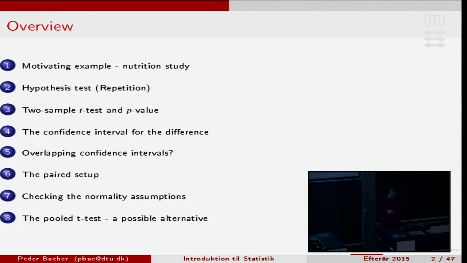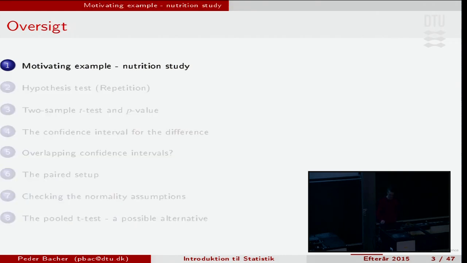We'll repeat that. Then we go into the two-sample t-test, and we'll also show you how to calculate confidence intervals, and also something called the paired setup, which is really simple once you see what it is. And then the last things, of course, like last time, you ended up with checking the normal assumption, and we also need to do that here when we have two samples.